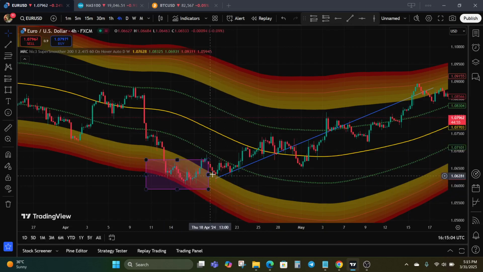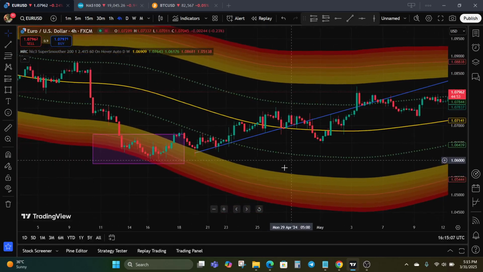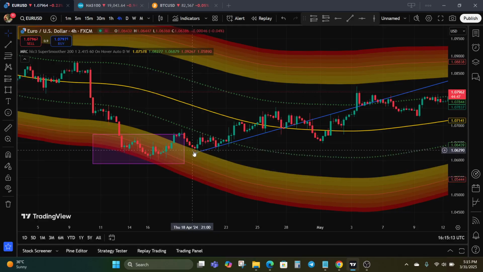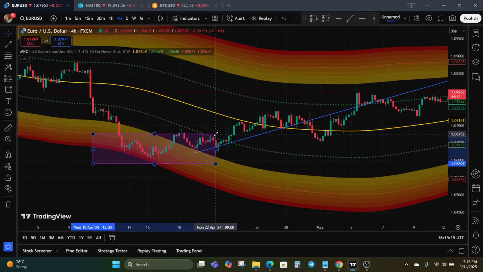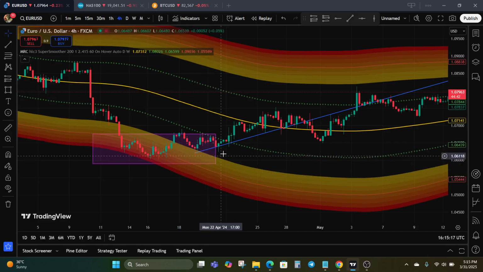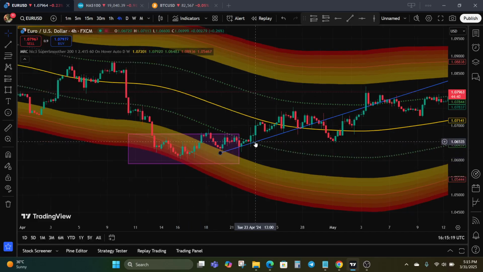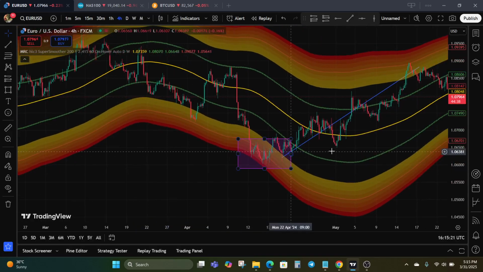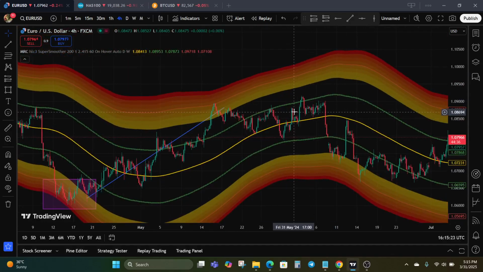For example, here we can see that we had a pin bar here. You can see that we had a pin bar. Had another pin bar here, right, before the rally took place.